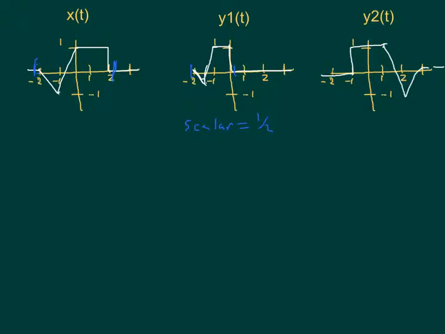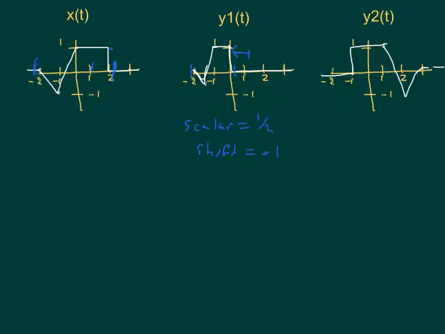We can also see that if x of t is scaled 1/2, this falling edge right here on the right hand side of our function would come in at t equals 1, meaning y1 of t had to have been shifted 1 unit to the left. So our shift for y1 of t is going to equal -1.